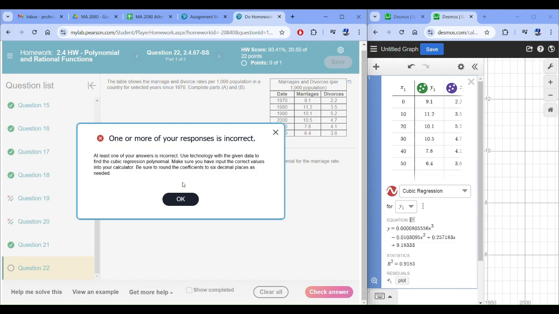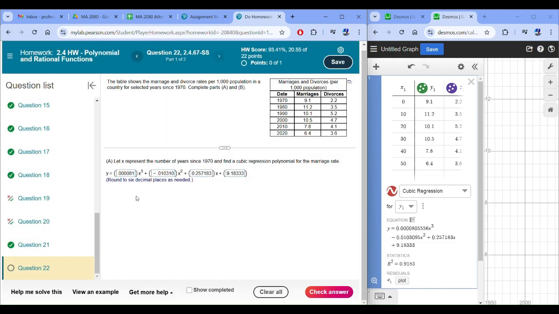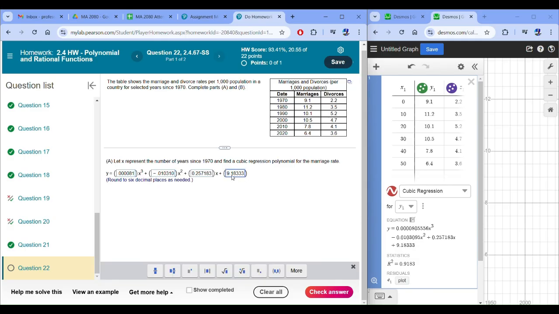At least one of your answers is incorrect. Which decimal did I get? 0.1234556. This is a positive 0.257183. 1, 2, 3, 4, 5, 6. 30, 110. 1, 2, 3, 4, 5, 6.